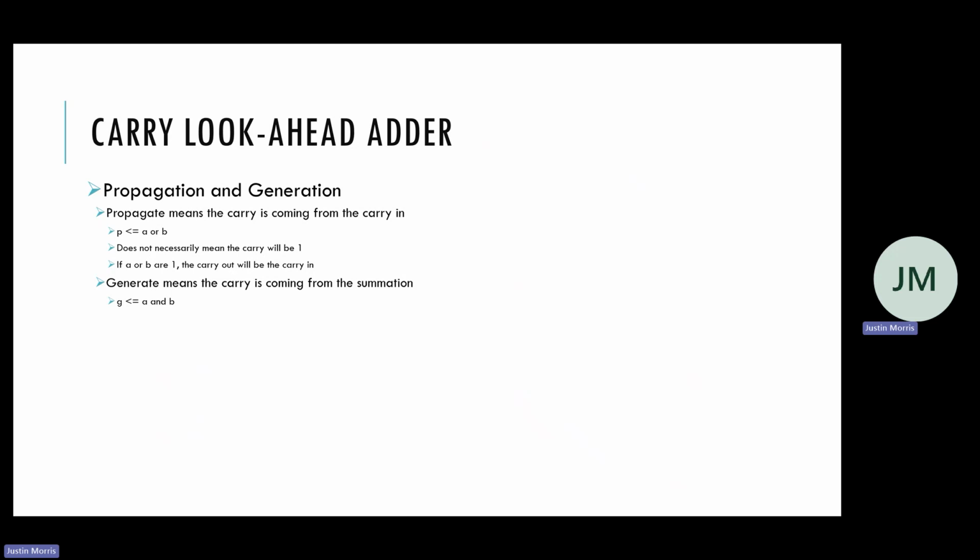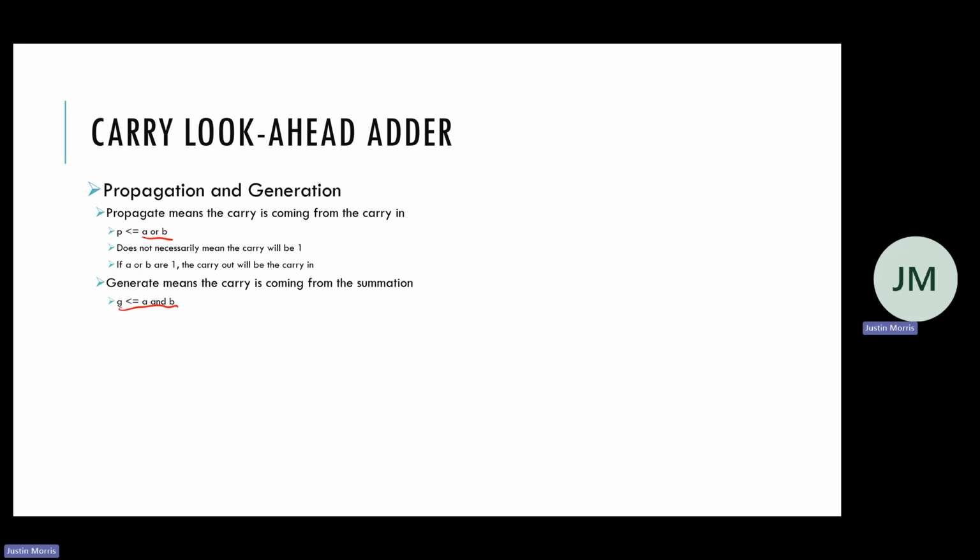So that means that for propagates, my bits, it's A or B, because if I have A as 1 or B as 1, then my carry out becomes my carry in.